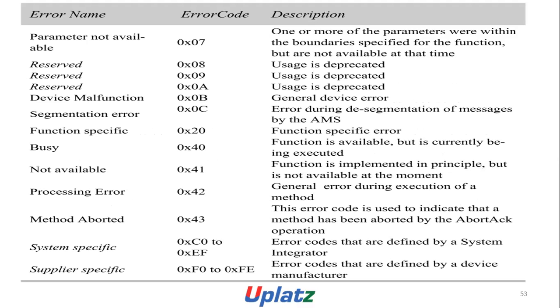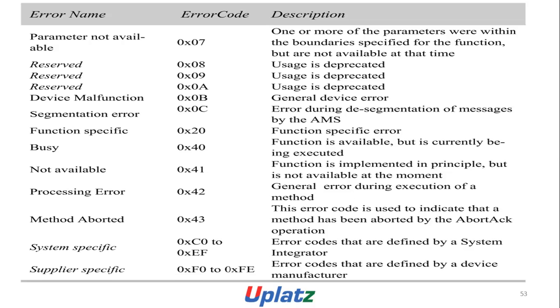Reserve 0x08, use is duplicated. Reserve 0x09, use is duplicated. Reserve 0x0A, use is duplicated. Device malfunction, 0x0B, general device error. Segmentation error, 0x0C, error during desegmentation of messages by the AMS. Function specific, 0x20, function specific error. Busy, 0x40, function is available but is currently being executed. Not available, 0x41, function is implemented in principle but is not available at the moment.